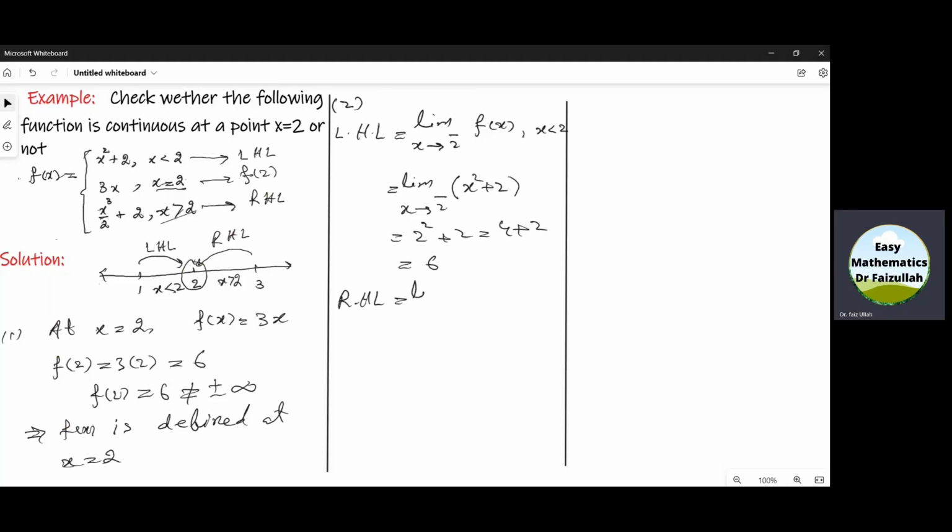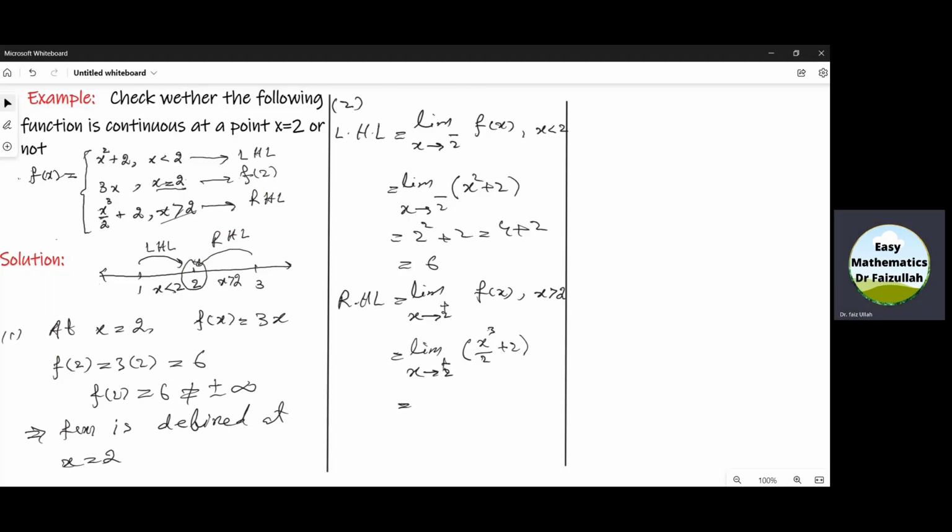Let us find right hand limit now. So right hand limit can be written as limit x approaches to 2 plus f of x, and we shall use that part of the function f of x for which x is greater than 2. So just substitute the values of the function f of x for which x is greater than 2, and that value from the given function in this question is x cubed by 2 plus 2.